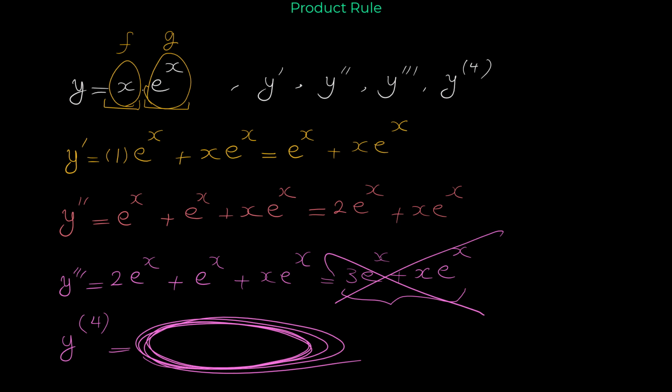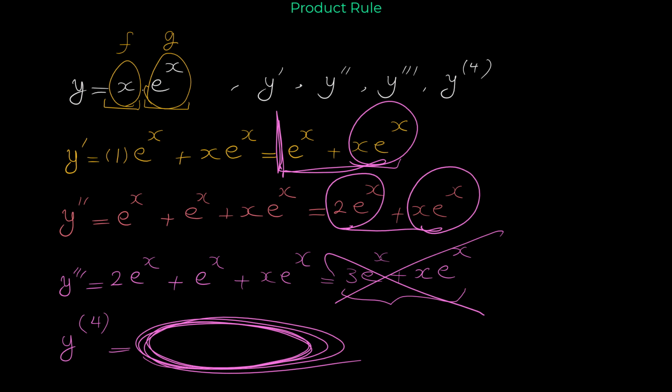The first derivative that we got here is 1e to the x plus xe to the x. The second derivative is 2e to the x, and again we have xe to the x. The third derivative is 3e to the x plus xe to the x.